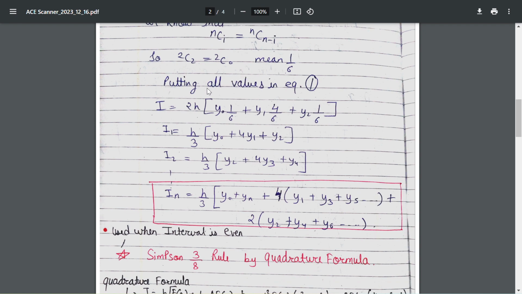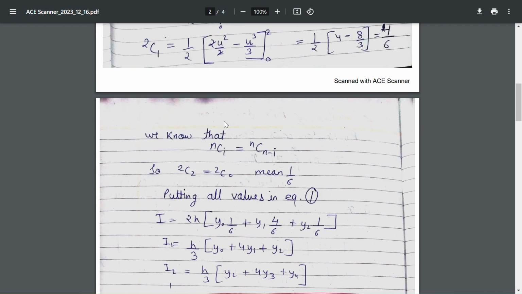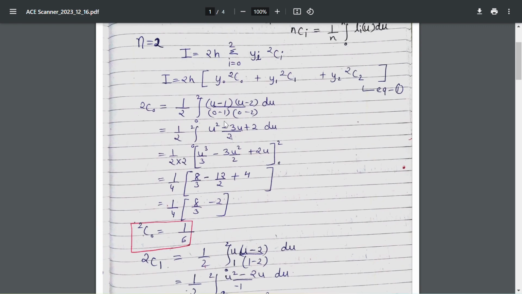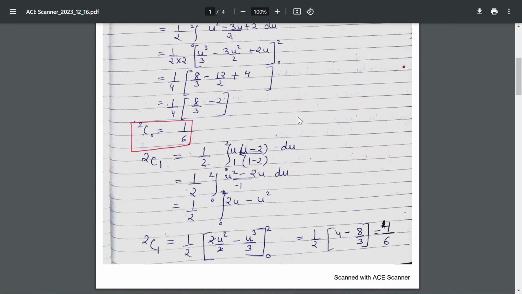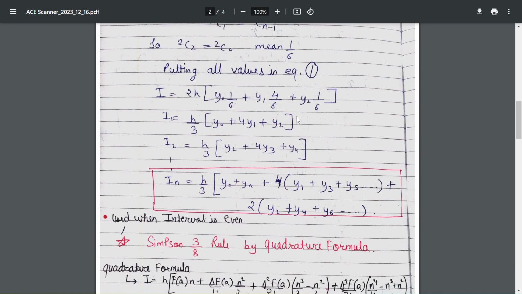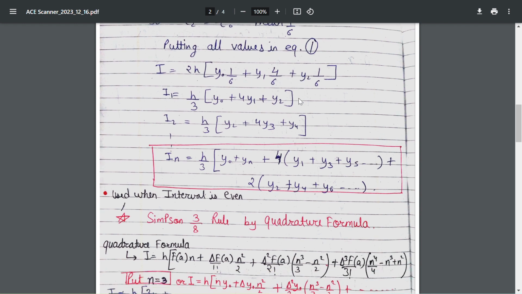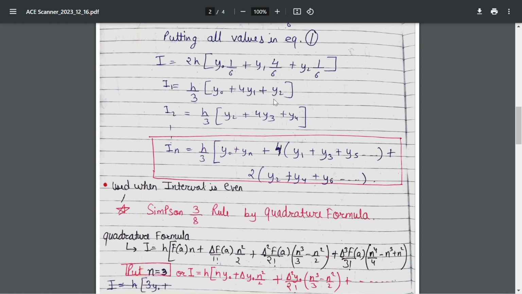So we get all the values 2C0, 2C1 and 2C2. Now we will put them in equation number 1. So when we put these values, we get y0 1 by 6 plus y1 4 by 6 plus y2 1 by 6. On solving this term, we get I1 equals to h by 3 (y0 plus 4y1 plus y2).